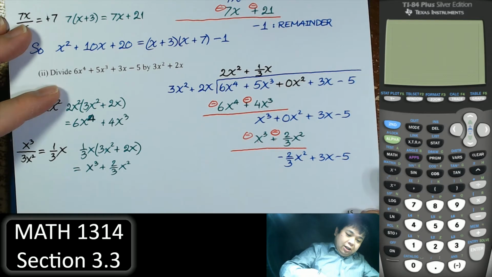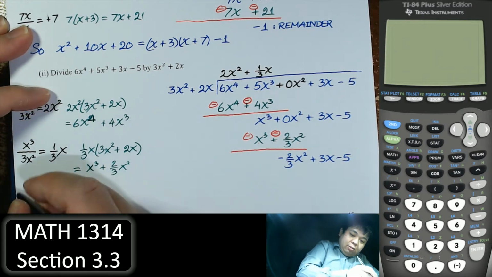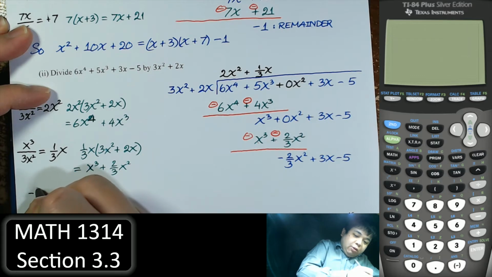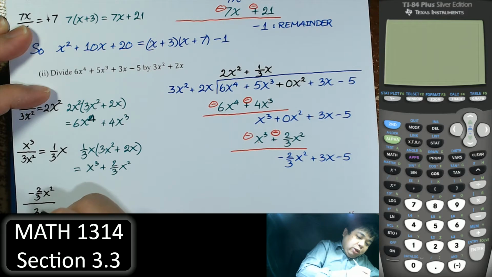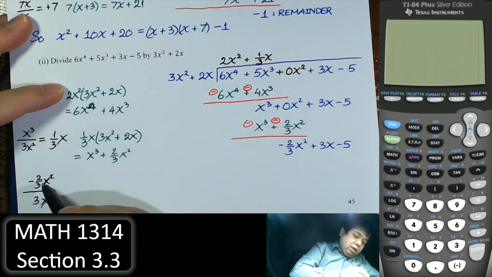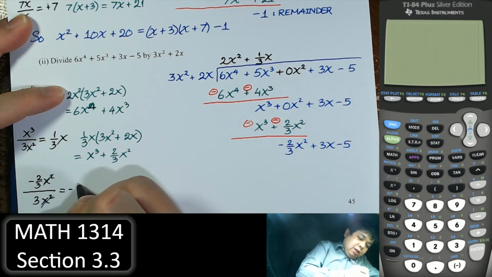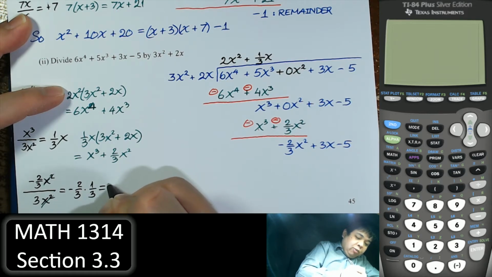Right? And then we just divide by the highest term. Negative 2 over 3 x squared divided by 3x squared, the x squared cancel out. We have negative 2 over 3 divided by 3, which is multiplied by the reciprocal 1/3. So negative 2 over 9.